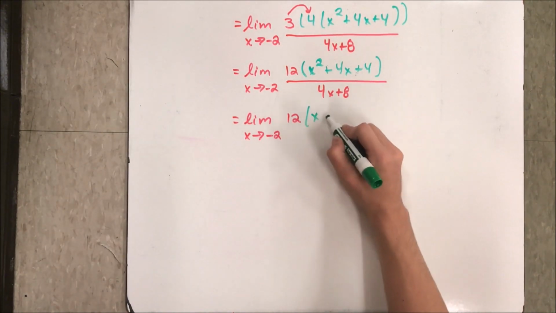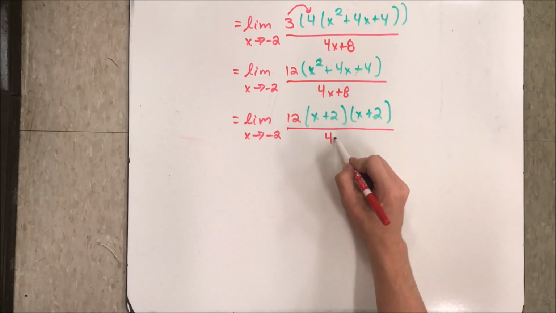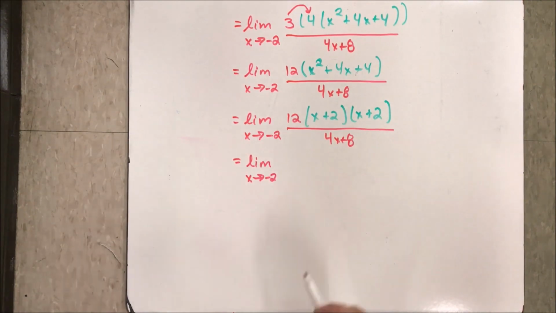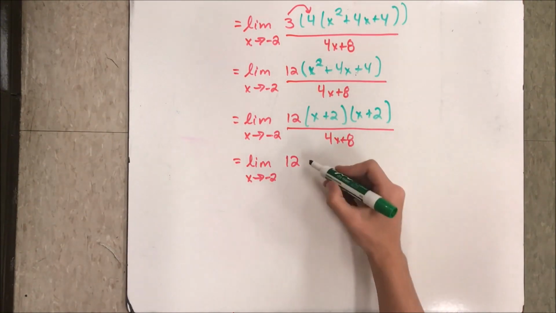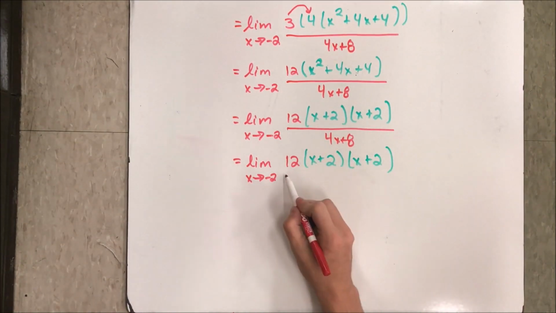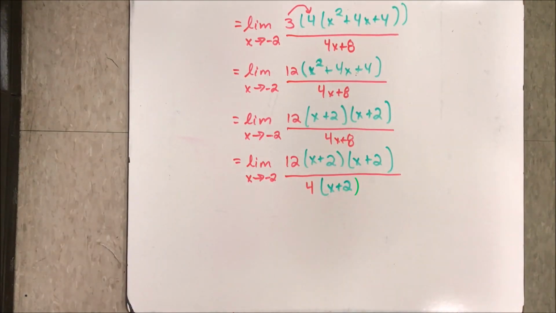Factor the trinomial in the numerator to get 12 times (x plus 2) times (x plus 2) all over 4x plus 8. The denominator has a common term 4, which can be factored out to get 12 times (x plus 2) times (x plus 2) all over 4 times (x plus 2).